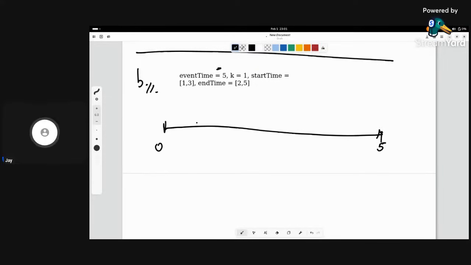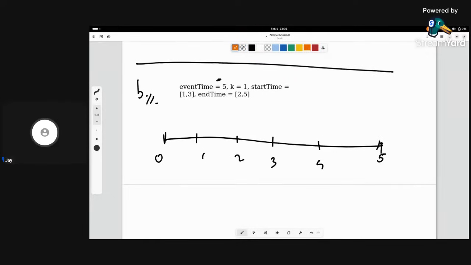So you have 1, 2, 3, 4, and 5 slots where the event is going on, and all the meetings had to lie in these slots. Now our test case said that the first meeting started at 1 and ended at 2. So the first meeting starts at time t equal to 1 and ends at time t equal to 2. And the second meeting starts at 3 and ends at 5.